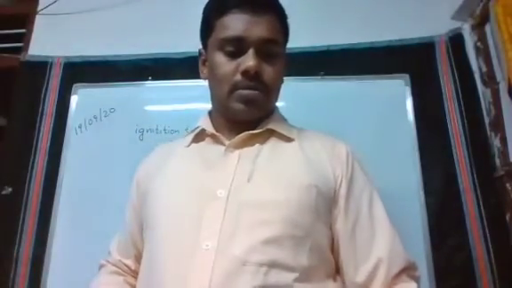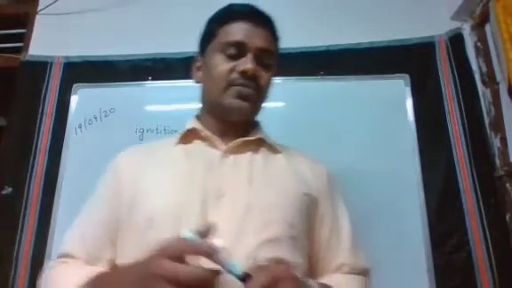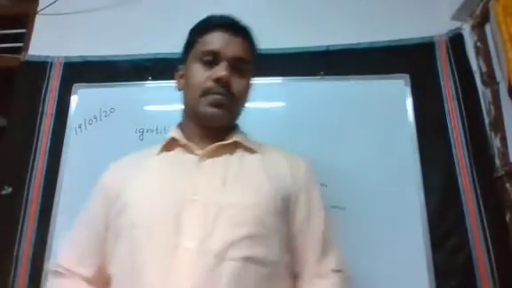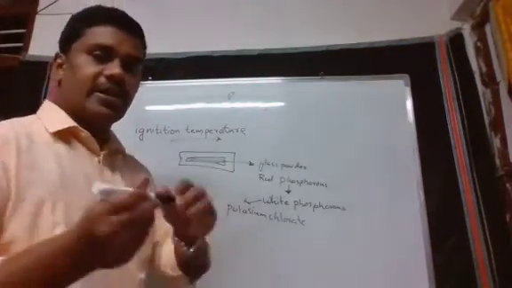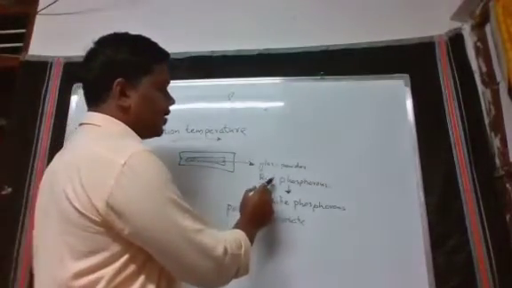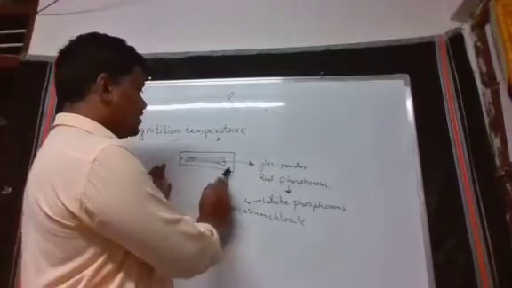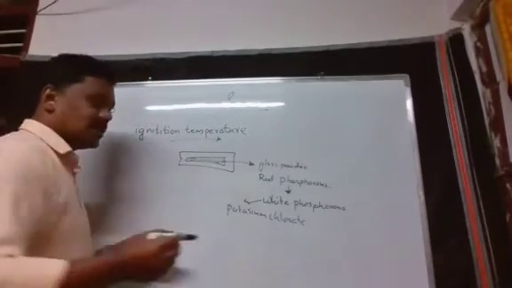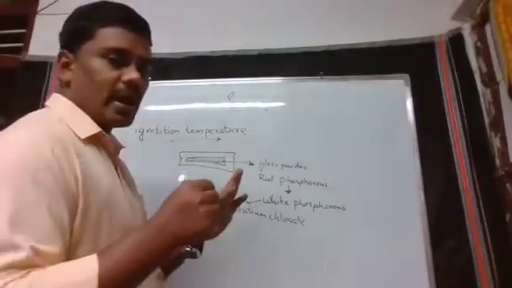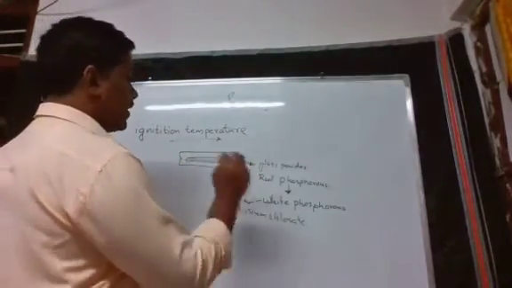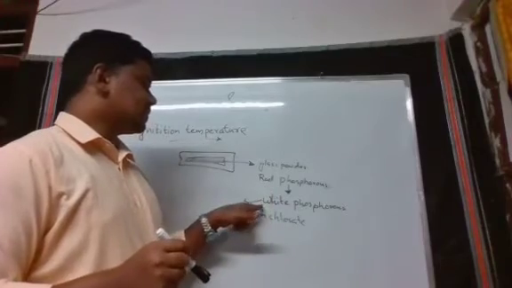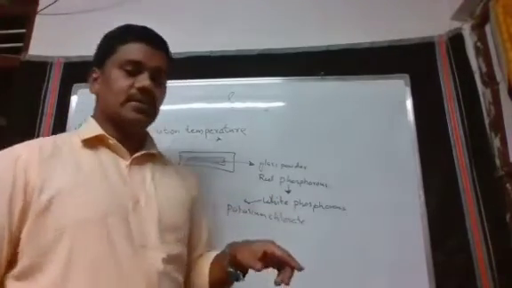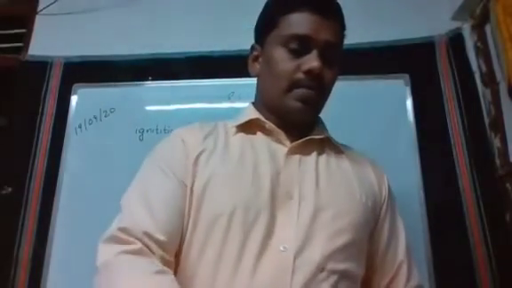So when this matchstick is rubbed on the surface, the red phosphorus is converted to white phosphorus and reacts with the potassium chloride. Heat is produced, as a result of which the antimony trisulfide is ignited and starts burning.